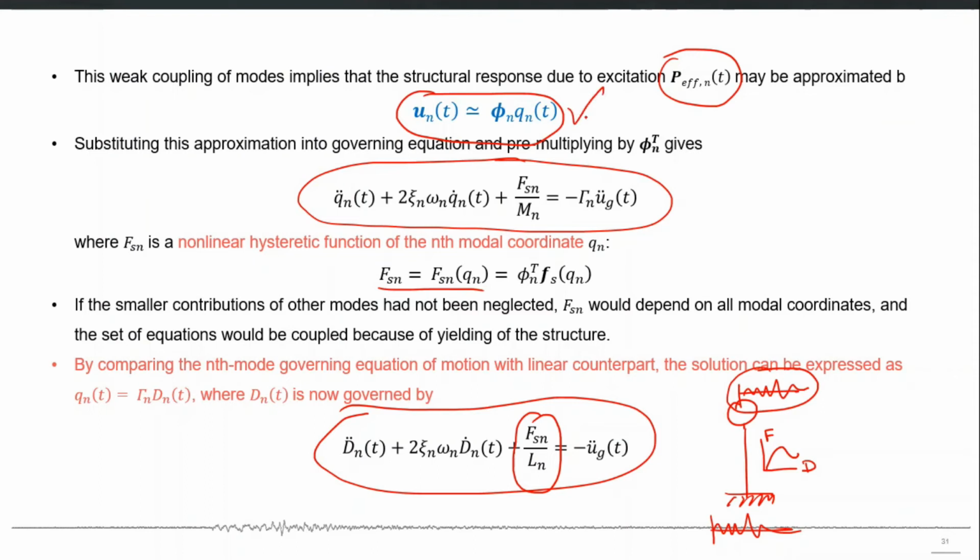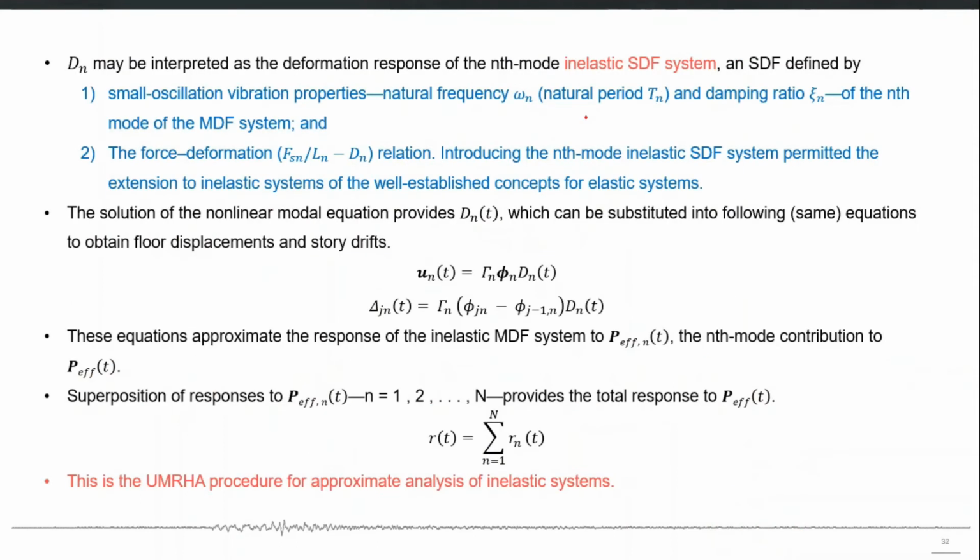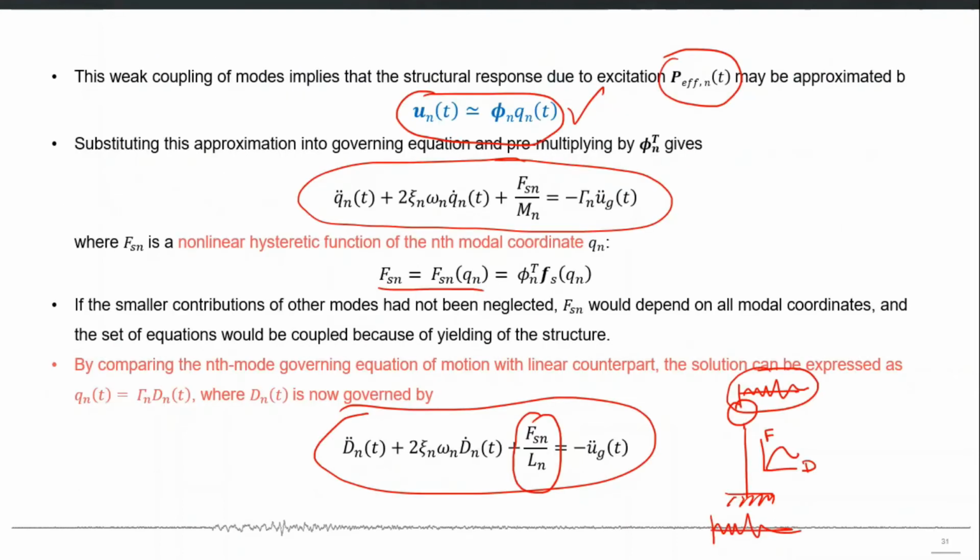So the issue now is how to calculate that nonlinear force deformation relationship, which should be assigned to the modal single degree of freedom system. And for that we have to use what we call the reversed cyclic pushover analysis of our structure. I'll explain that in a minute.